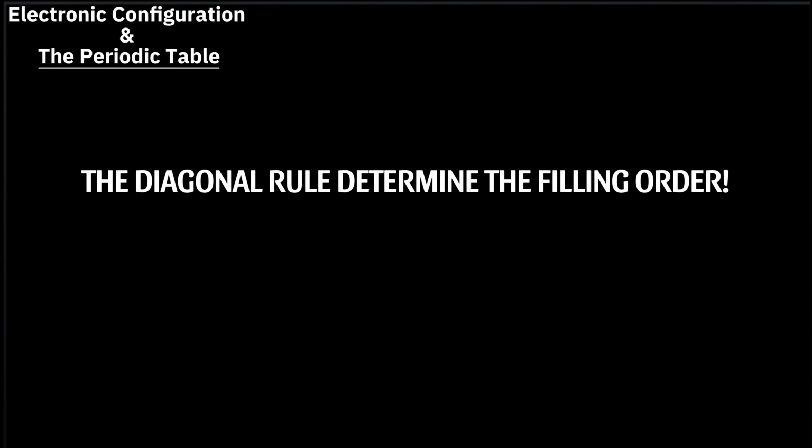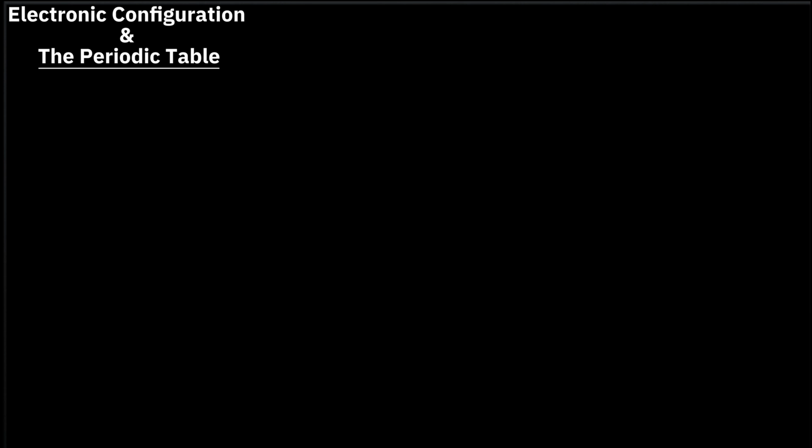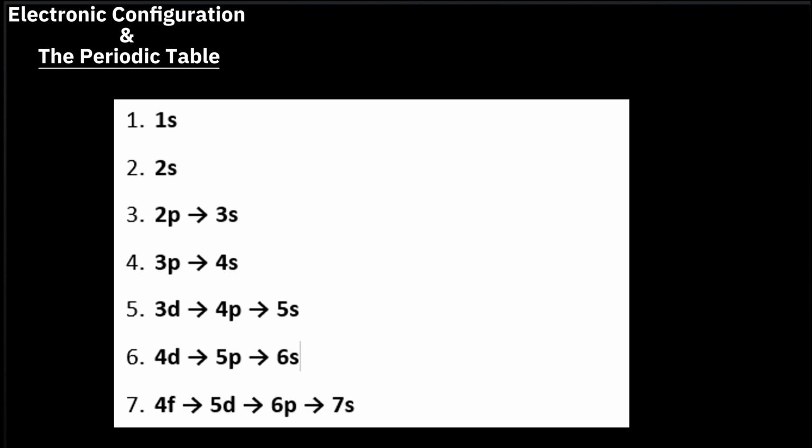The diagonal rule determines the filling order. Each subshell has a specific energy level, and the diagonal rule helps in remembering the order in which electrons fill the orbitals in the following sequence: 1s, 2s, 2p, 3s, 3p, 4s, 3d, 4p, 5s, 4d, 5p, 6s, 4f, 5d, 6p, 7s.